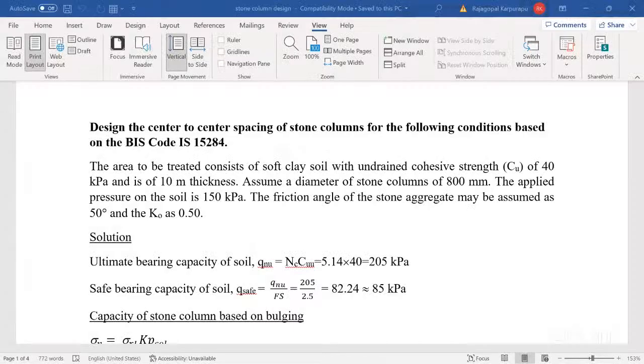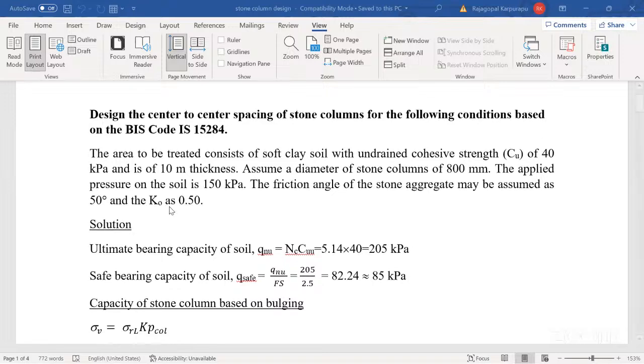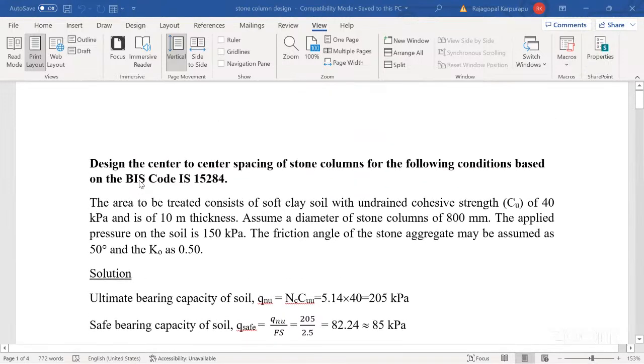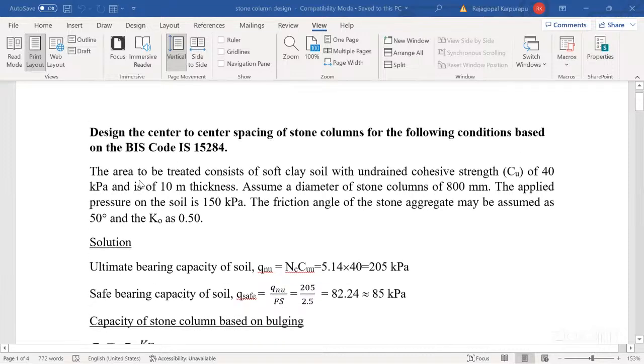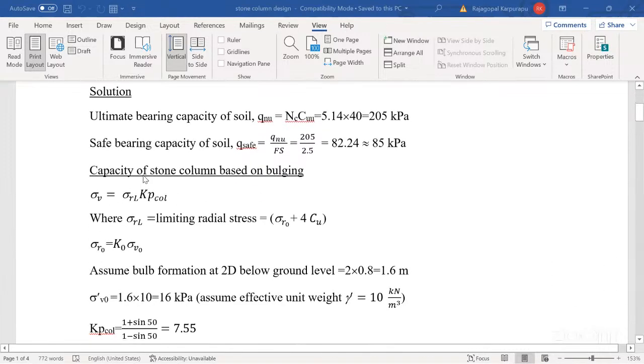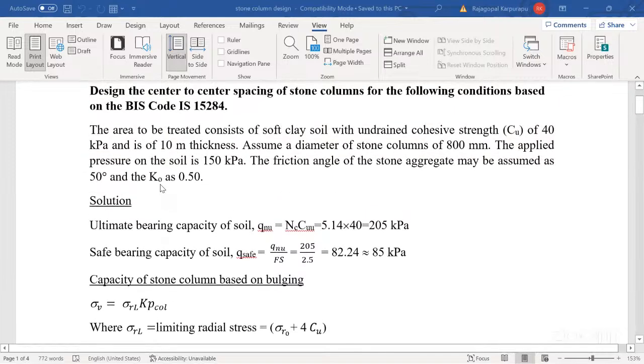Now are you able to see it? Yes, sir. So this is the numerical example for the same problem. I will share this. I don't know whether it is available in the resource material. Were you able to download it?